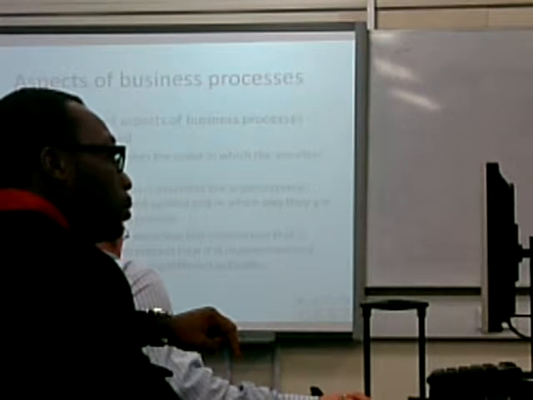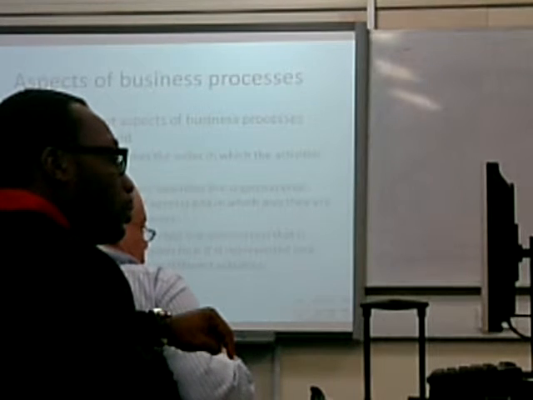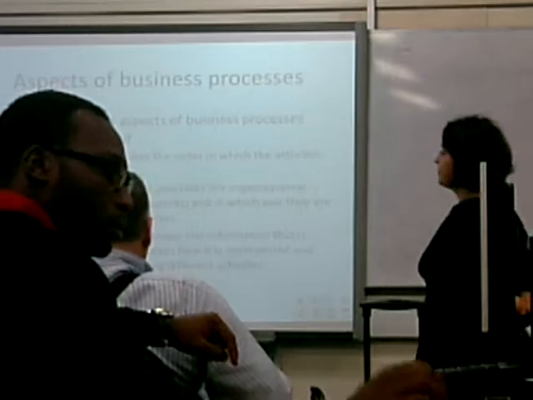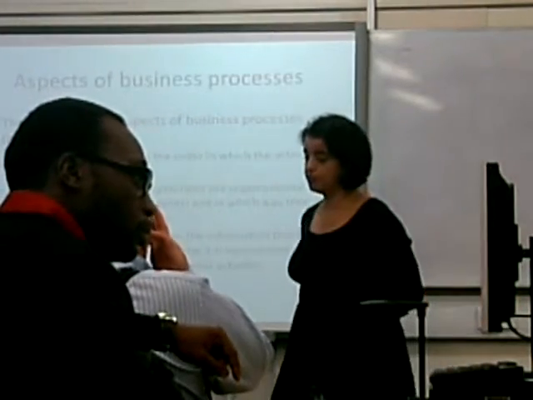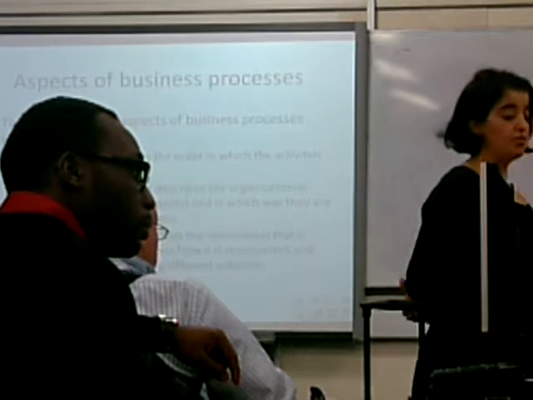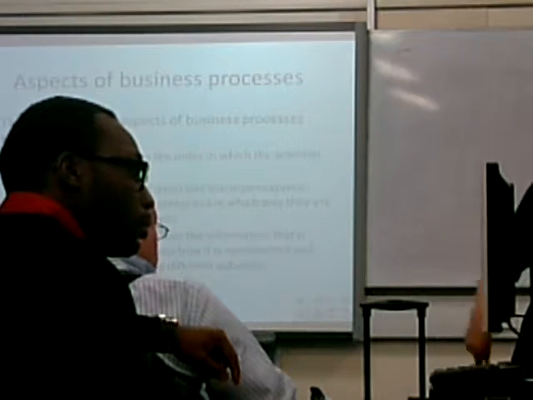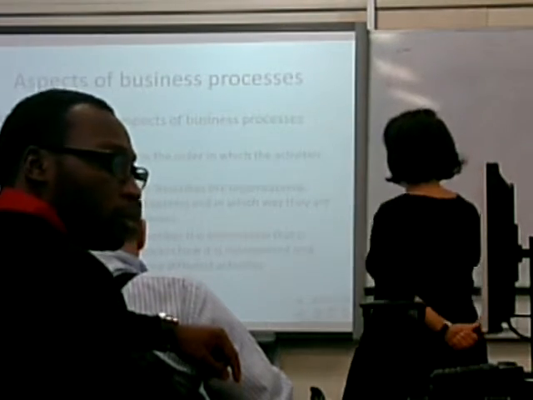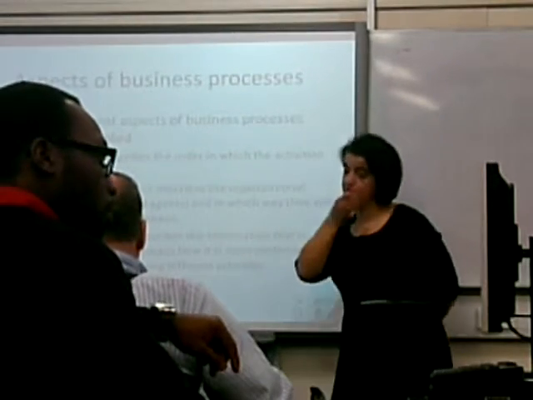Okay. When we are modeling, we need to model different aspects. So we need first to describe the control. That will capture the sequence of activities, what order each activity has to be executed.